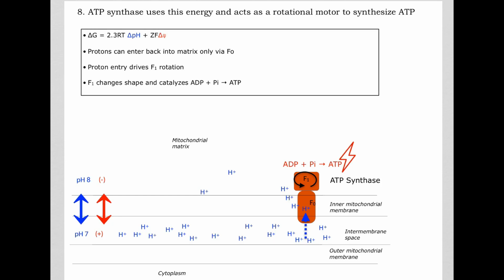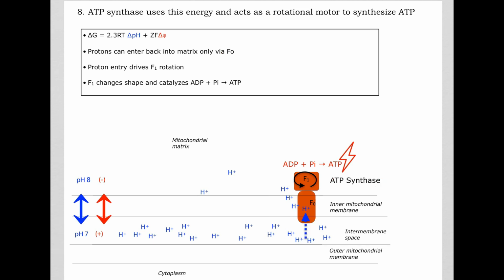However, there is one way by which the protons can go back into the matrix, and that is through this channel here called F0. It is the F0 channel of the enzyme ATP synthase, and these protons can enter this channel.